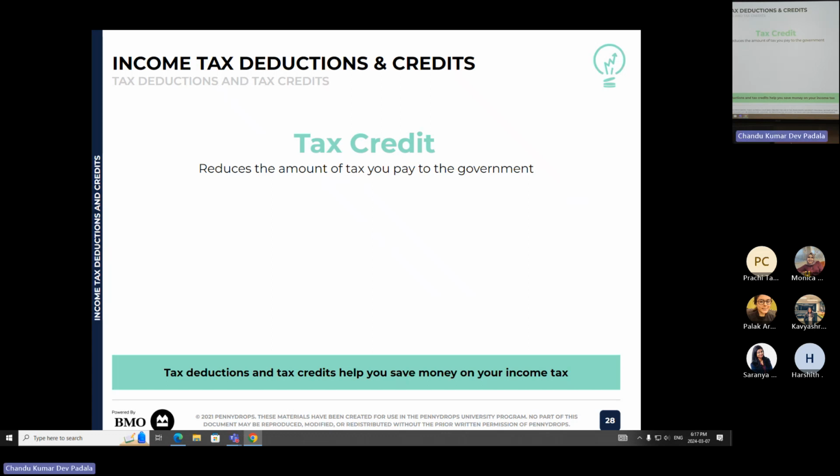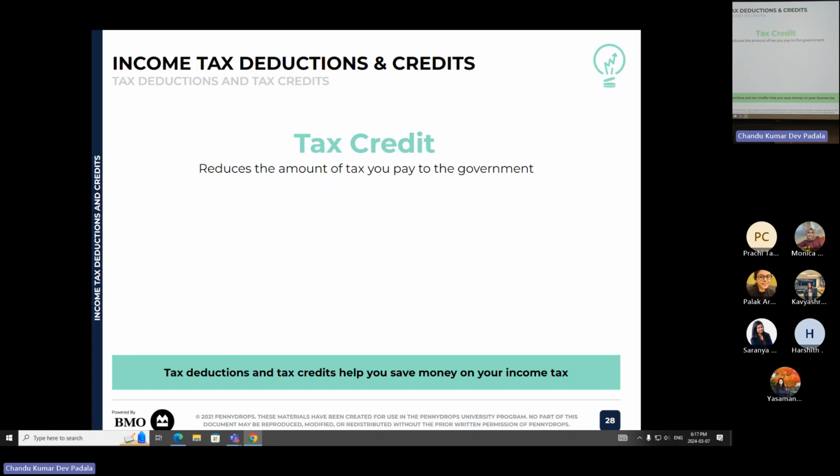So deductions essentially reduce the amount of income that you've made in a year, whereas tax credits, as we'll see, are deducted from the amount of tax that you have to pay.